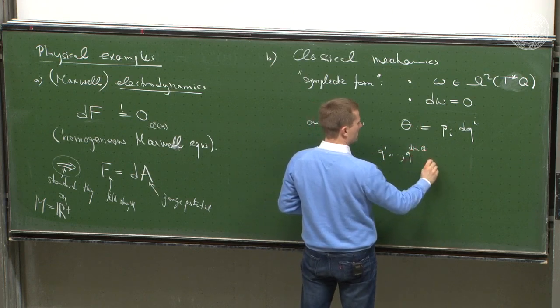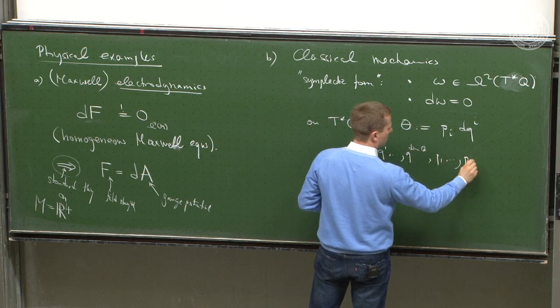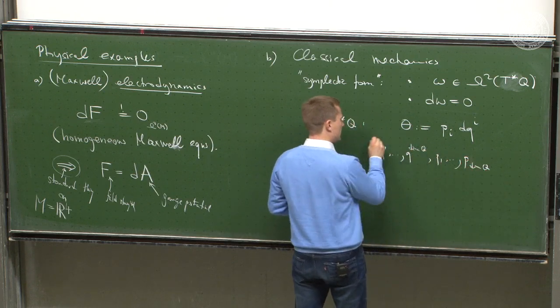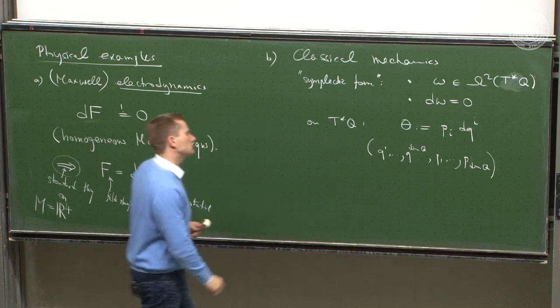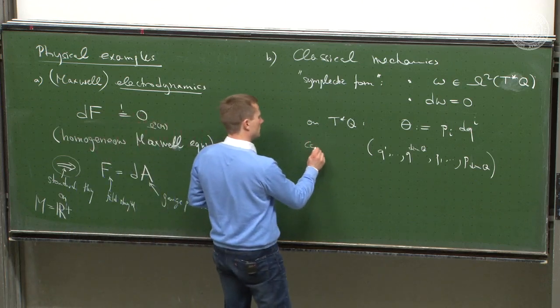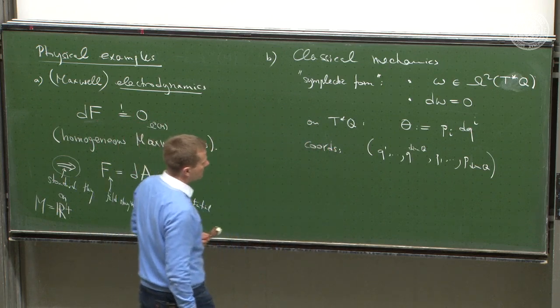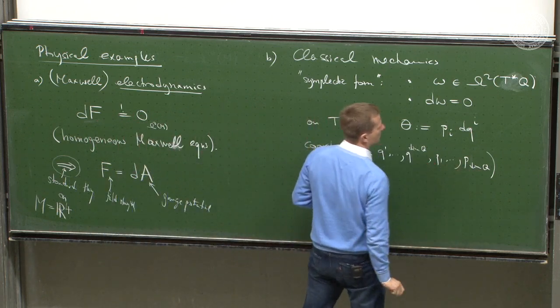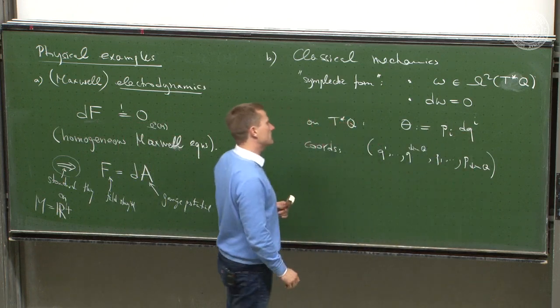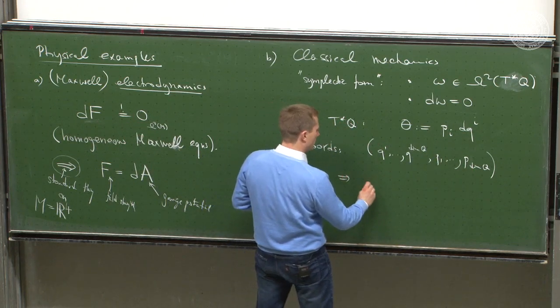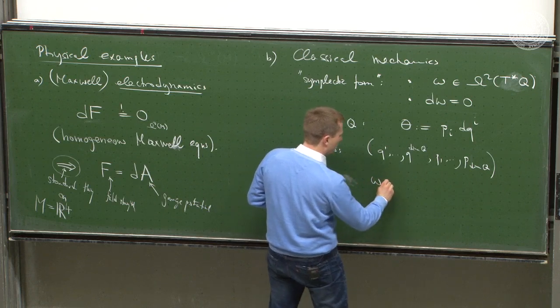So q^1 to q^dim q, and then p_1 to p_dim q. These are coordinates, right? Very much like we construct a coordinate system on the tangent bundle, you can construct one on the cotangent bundle.